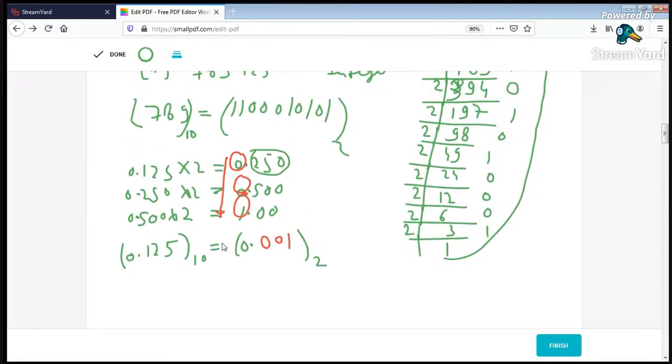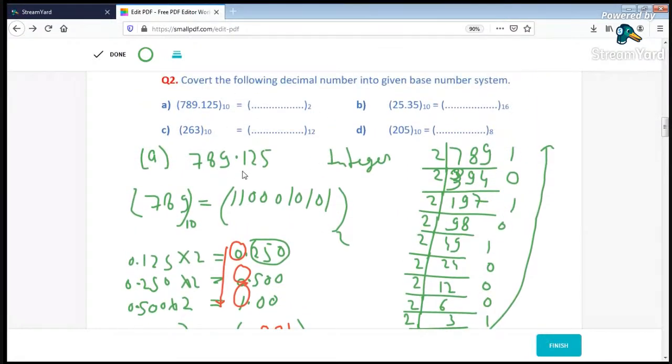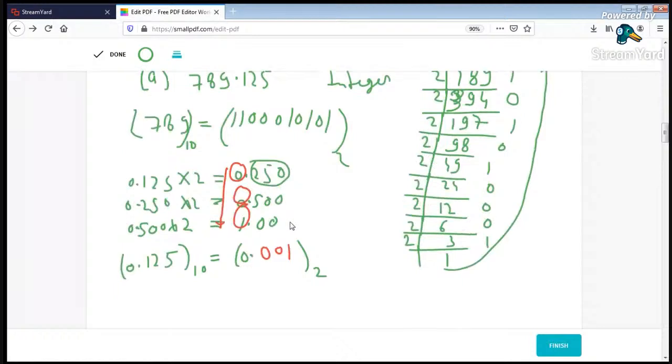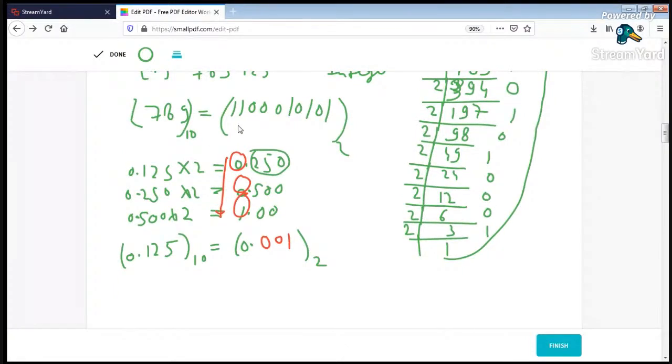So the question is, convert 789.125 into base 2. Now you combine the binary value of 789 and the binary value of 0.125, and you will get the final answer. So I am writing the final answer: 789.125 in base 10 is the given problem.